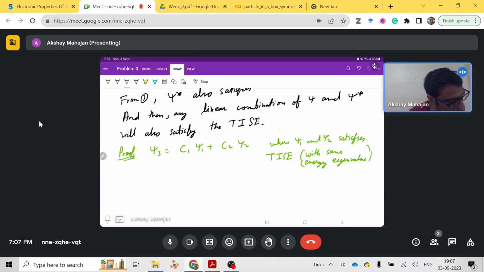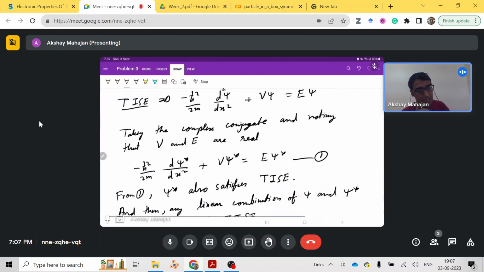In our problem we are solving for psi and psi star, and you can see that E is the same for both, so the energy eigenvalue is the same.